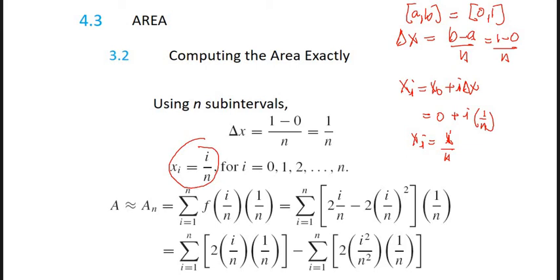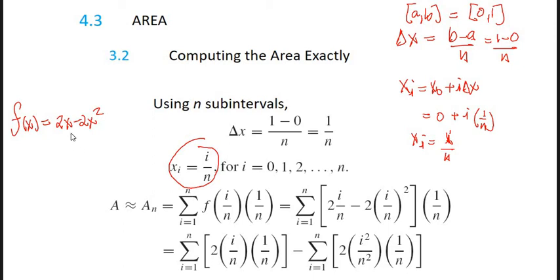So then the area is going to be what? A sub n is the sum of all those functions evaluated at xi times delta x. And who is xi? Well, here we go to the function. If you remember, the function was f of x equals 2x minus 2x squared.